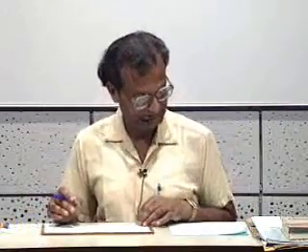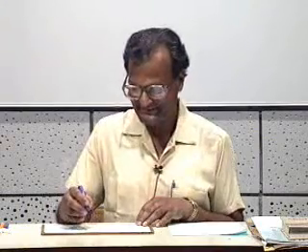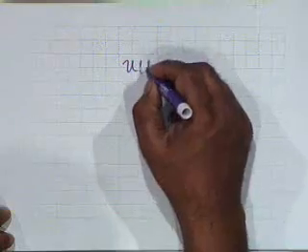Yes. Sir, you find the Laplace transform, would it be s times 1 over s minus u of 0 plus? u of t is a right-sided signal, sir. Yes. u of t is a right-sided signal.